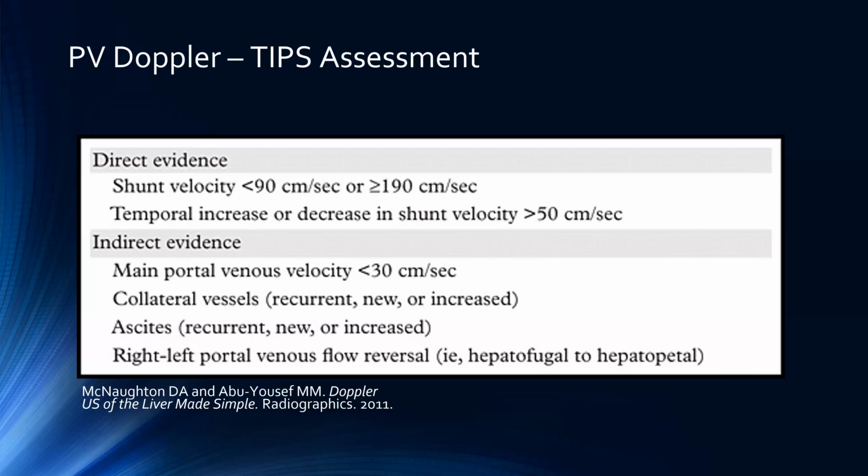Other indirect evidence is going to include switching of the direction of intrahepatic portal vein flow from previously hepatofugal to now hepatopedal flow within those right or left portal veins, lower velocity in the main portal vein, lower than 30 centimeters per second, or ancillary findings of recurrent portal hypertension, so recurrence of collateral vessels like a recanalized umbilical vein, or new or worsening or recurrent ascites.